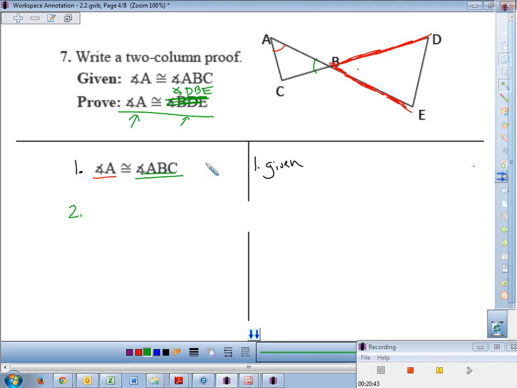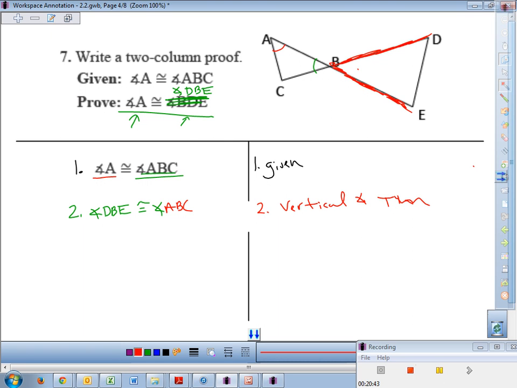Step 2. This angle we're talking about, isn't it angle DBE? It's congruent to what? Angle ABC. How come? They're vertical angles, and the vertical angle theorem says so.